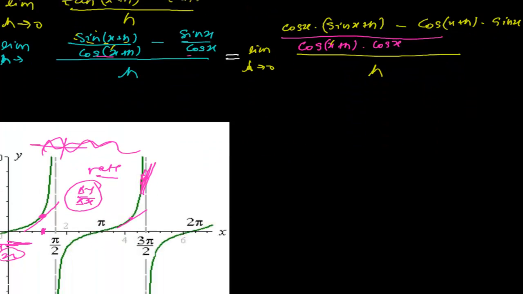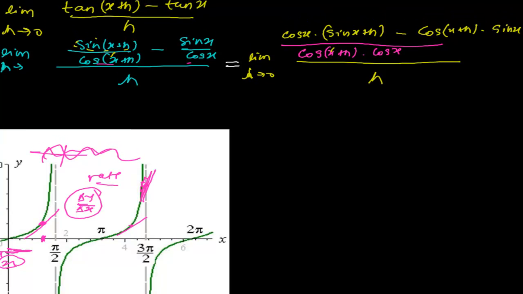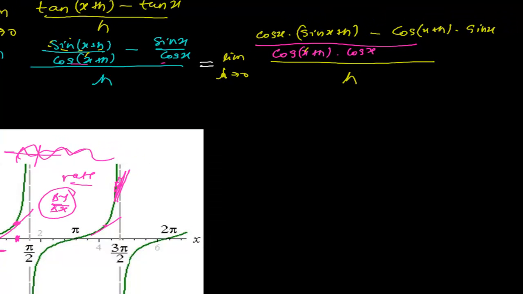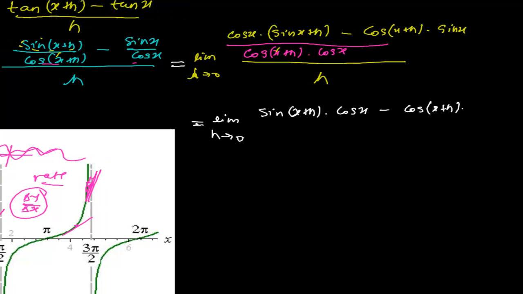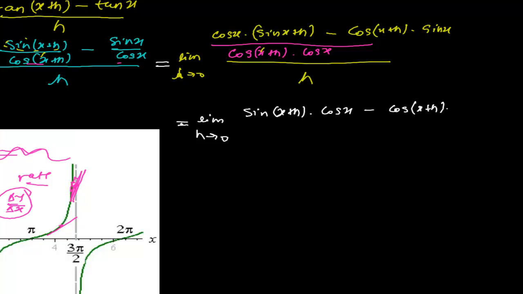Now I'm writing it properly, it's not looking nice. So limit h tends to 0, sin(x+h) times cos x, minus cos(x+h) times sin x.